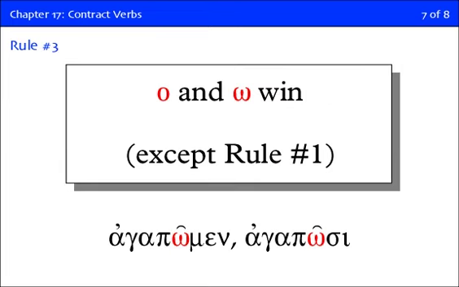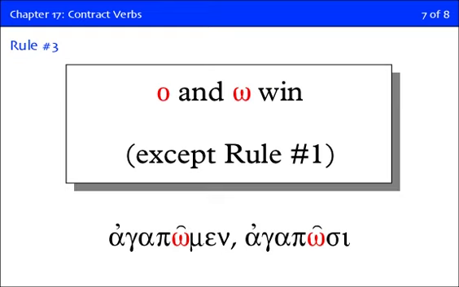Rule 3 is that an omicron or an omega almost always contract with anything to form an omega, except for those combinations in Rule 1. Now let me say it another way. If it's an omega, it absorbs everything. If it's an omicron and it's some combination other than Rule 1, it also will go to an omega.